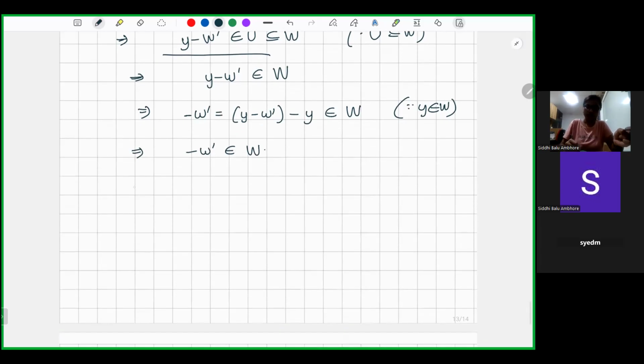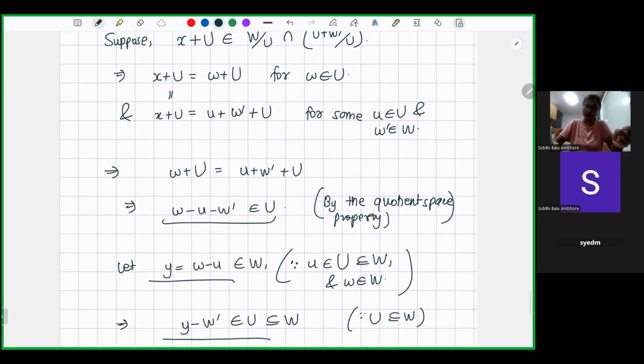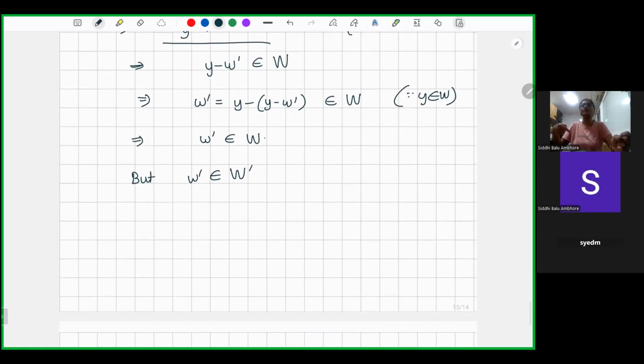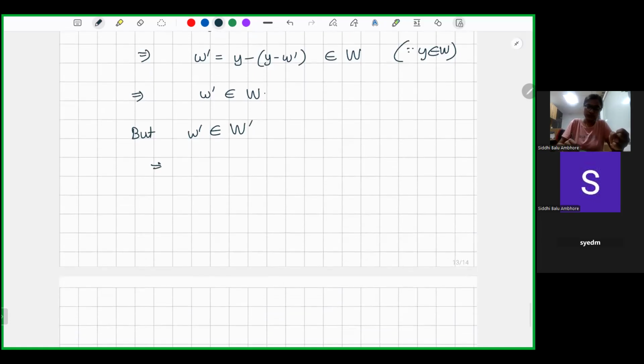Okay. So, or we can just do this. Okay. But W dash was in W dash, right? By the choice here. So W dash is in W and W dash is in W dash. This implies that this is 0, right? Since W dash belongs to W intersection W dash.